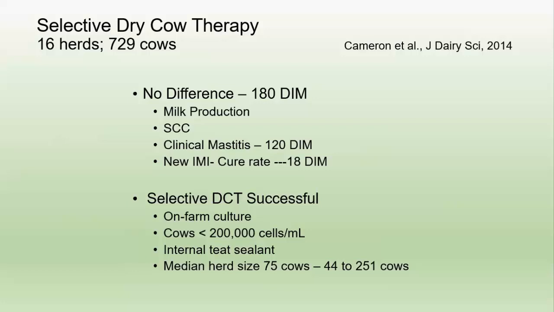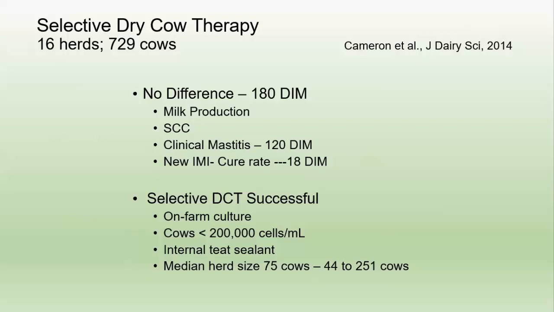There was no difference when these cows were followed for 180 days in milk in terms of milk production, SCC, clinical mastitis, or new infection rate or cure rate by 18 days in milk. Thus, selective dry cow therapy was successful in this study, but they included on-farm culture in addition to only selecting cows not to be treated that had low SCC and used internal teat sealant.